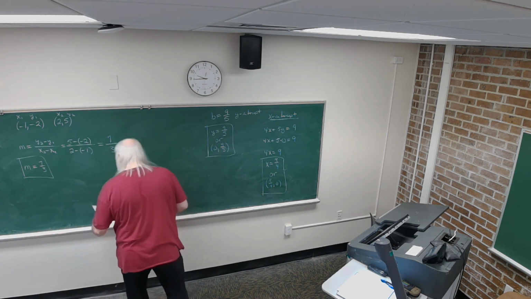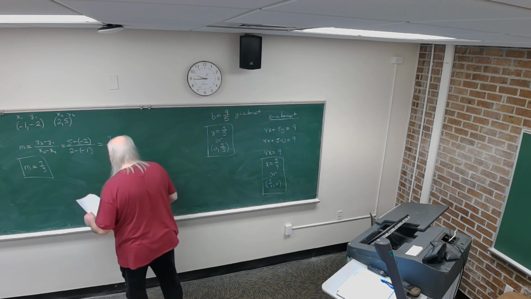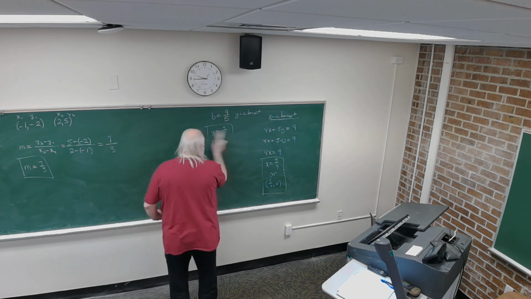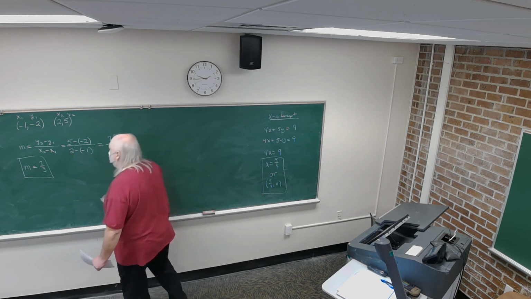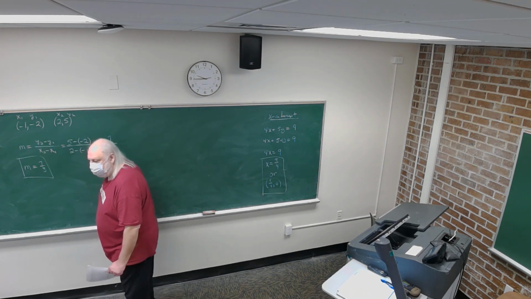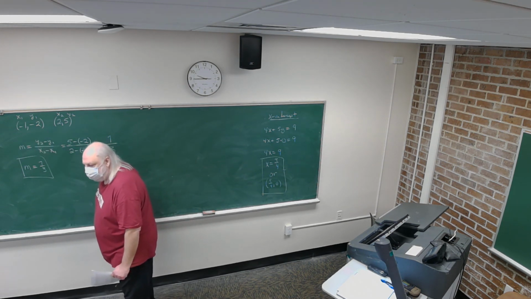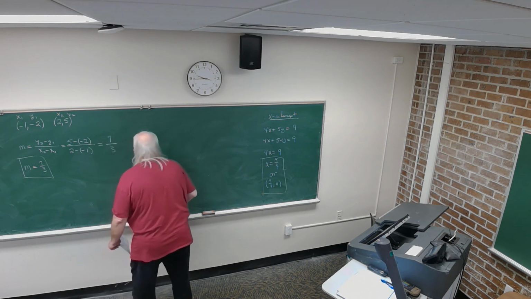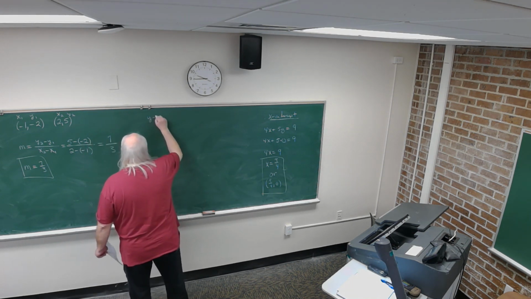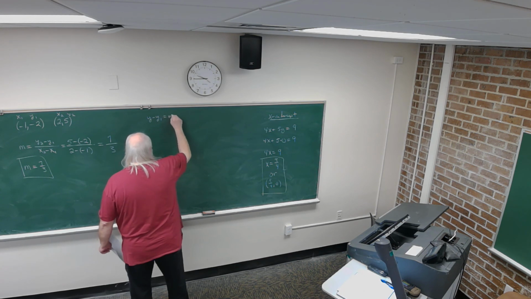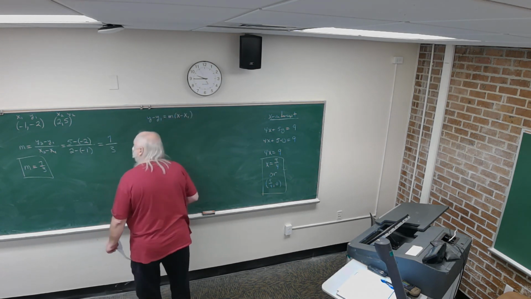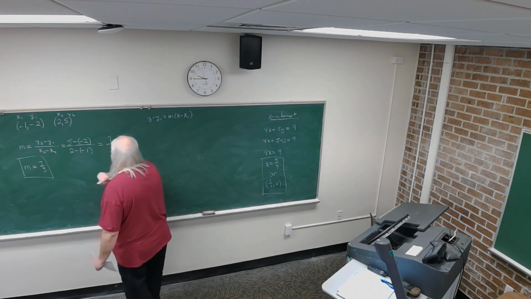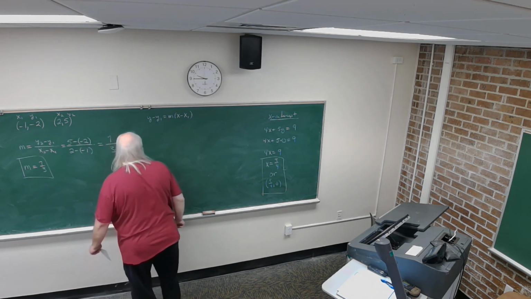Alright, now to write the equation in point-slope form, you could actually use either of those 2 points to write the equation in point-slope form. But I labeled this point here x1, y1.